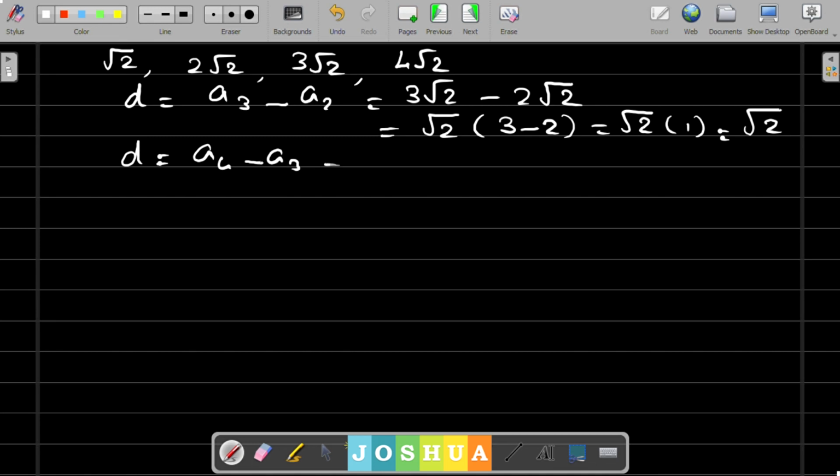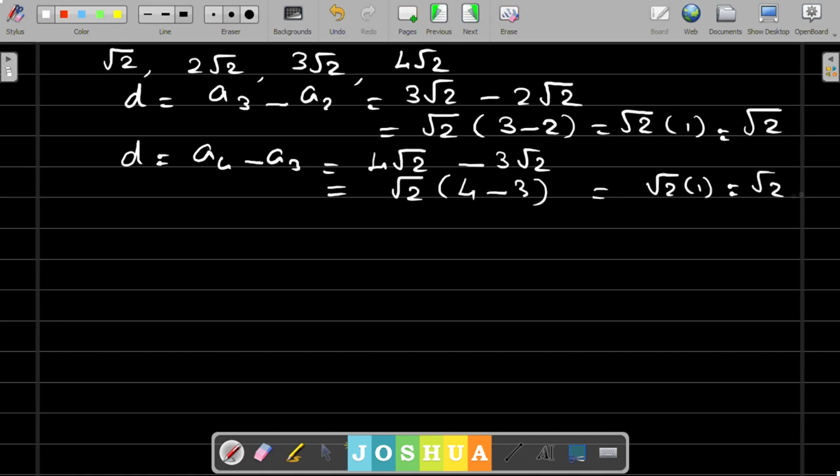The fourth term is 4 root 2, the third term is 3 root 2. Again the same process, keep root 2 common. It is 4 minus 3, that is root 2 into 1, equal to root 2. So in all these cases the difference is the same. Therefore the given numbers form an AP.